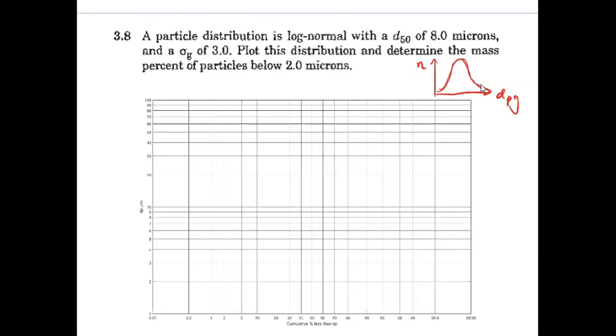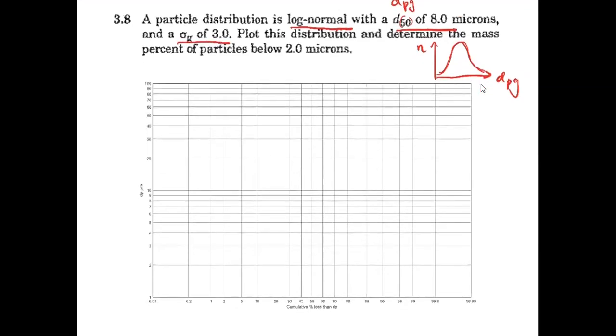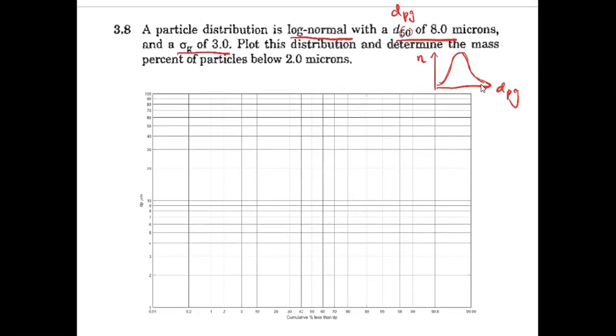So it already mentioned that the log normal distribution has a dp50, which is the size of the particle corresponding to the cumulative fraction of 50%. So we know that this is dpg, right? dp50 is 8 microns, and sigma g is 3.0, right? So if we see these parameters, we should respond quickly that we can plot out 3 data points on this semi-log plot, right?